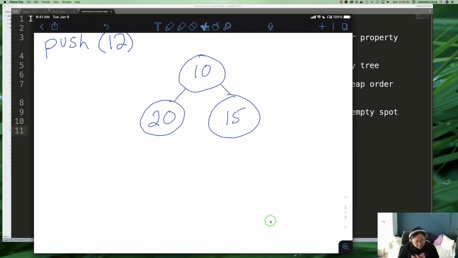What would I do? Okay, so pause the video, put your empty node in right now. Give you 5 seconds. Okay, so hopefully you've done that. The empty node goes to the left-hand side of 20.